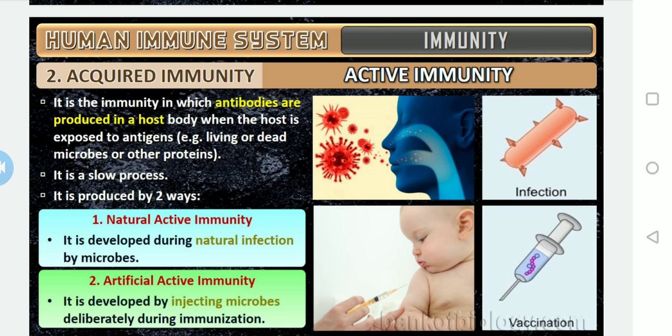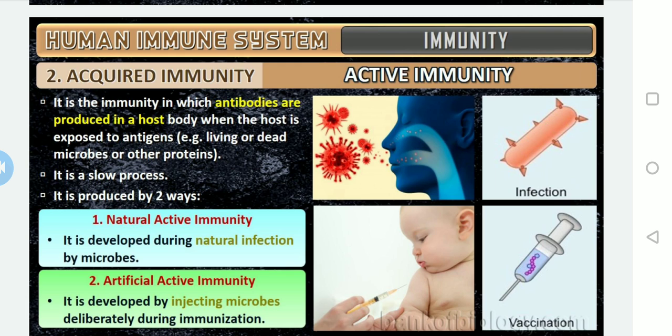And the transfer of actively formed antibodies from one person to another to build up resistance is called passive immunity. This is the difference between active and passive immunity.